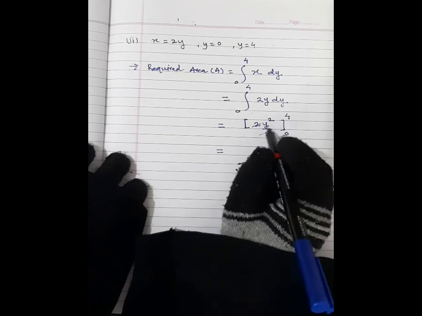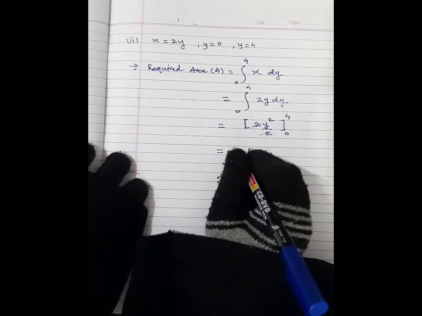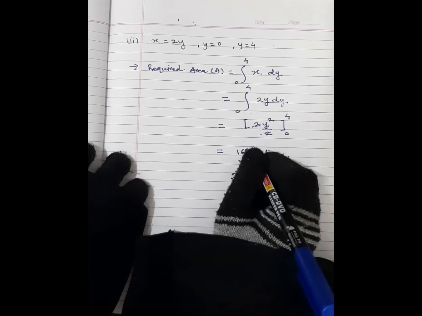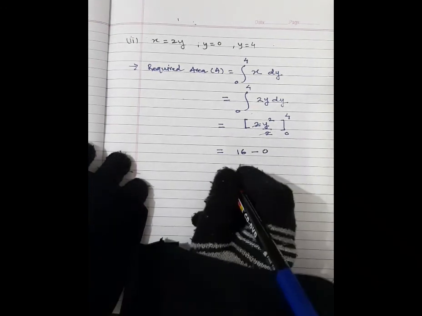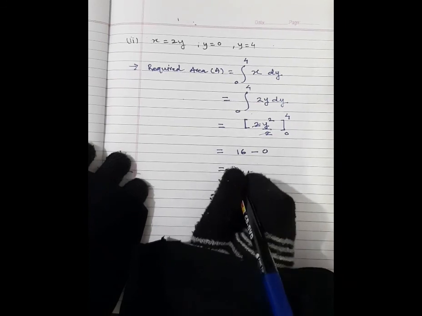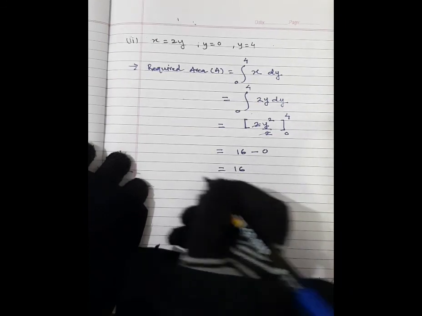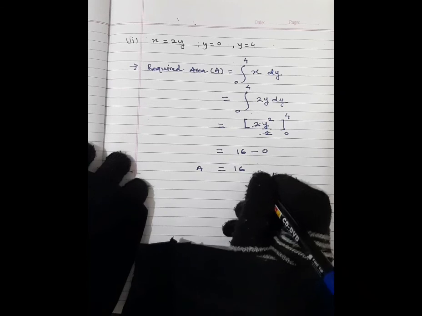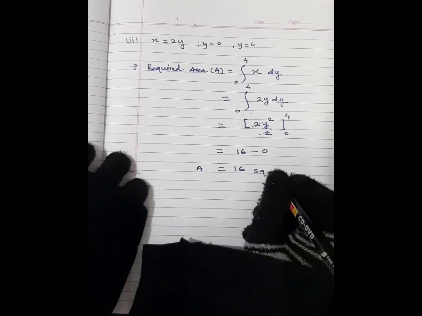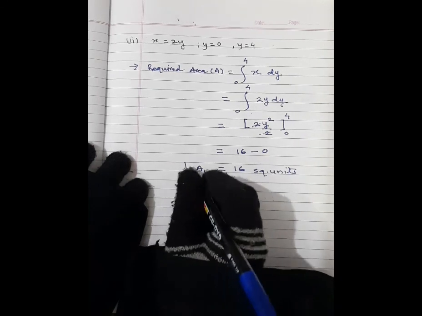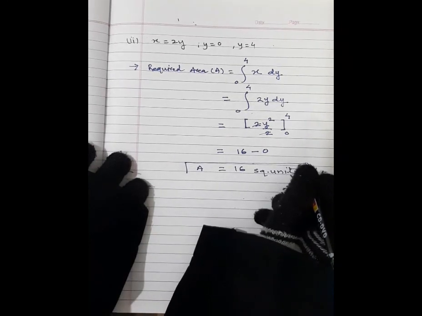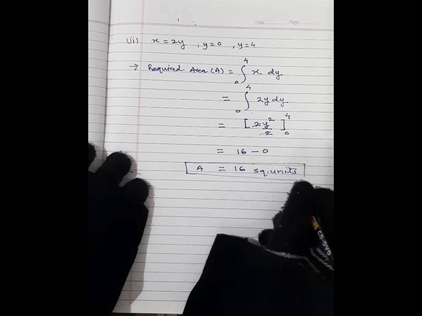Instead of y, 4 square. 4 square is 16 minus the lower limit 0. Then here we'll write 0. So what is the answer? 16. Here, students, the area is 16 square units. Area is nothing but 16 square units.